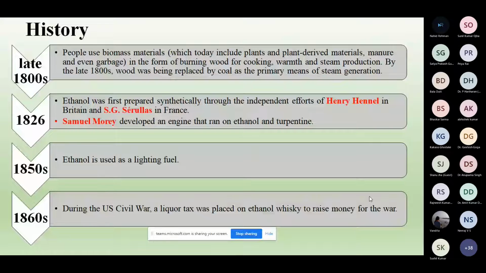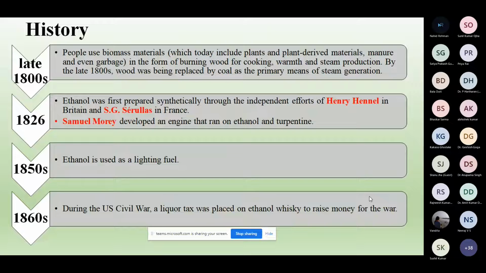But in the late 1800s, wood was replaced by coal as the primary means of steam generation. And then ethanol was first prepared synthetically in 1826 through the independent efforts of Henry Hennell in Britain and Sérullas in France. In continuation, Samuel developed an engine which ran on ethanol and turpentine. Going ahead, in the 1850s ethanol was used as a lighting fuel.